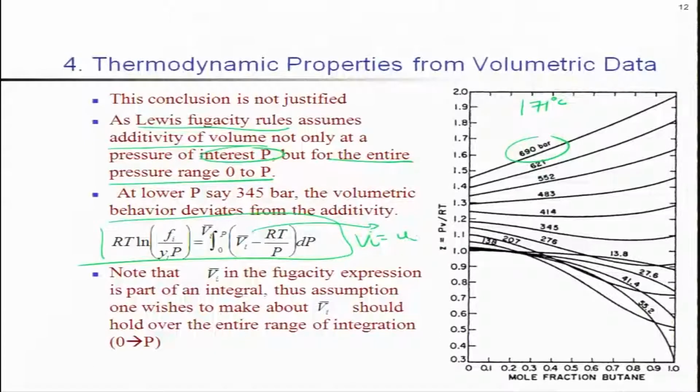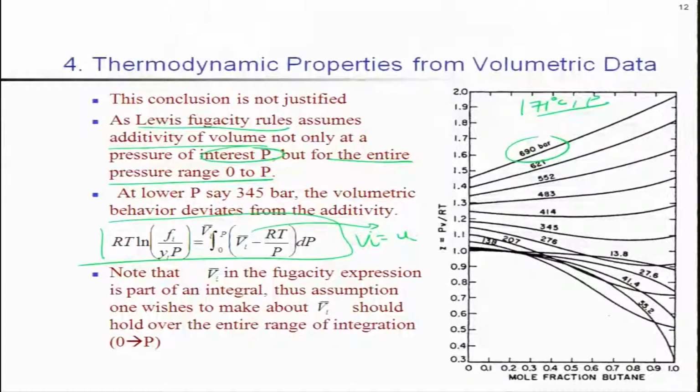Along this line, Z is increasing as a function of mole fraction. That means the volume is changing linearly as a function of mole fraction, and thus it is linear. That means it is additive, whereas in the other case it is not.